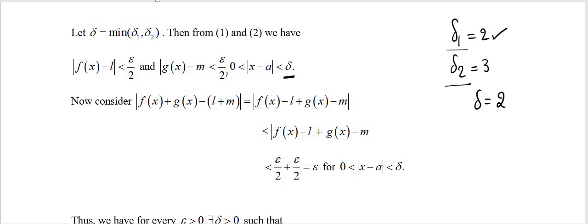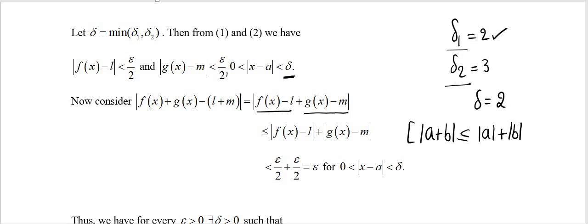Now I am going to write modulus of this quantity as less than or equal to modulus of f of x minus L plus modulus of g of x minus m. By using standard properties of modulus, that is modulus of a plus b is less than or equal to mod a plus mod b. Here I am taking this as a, this as b.